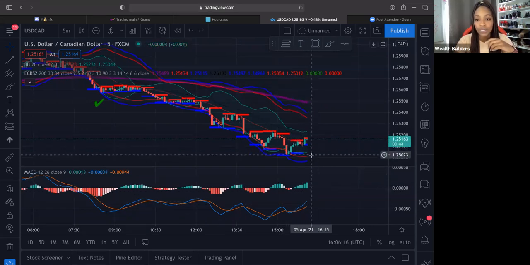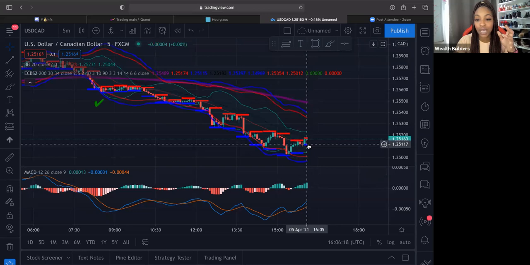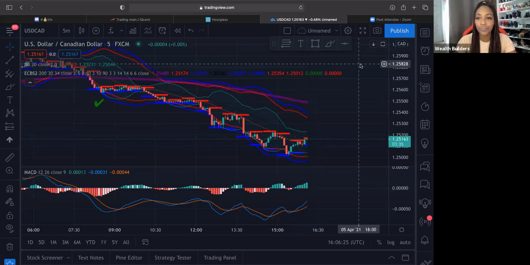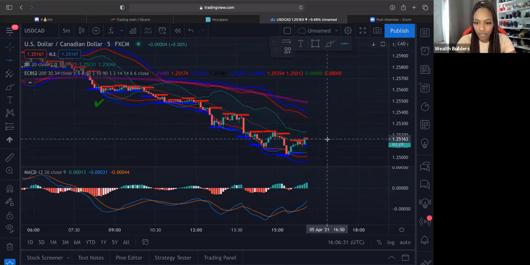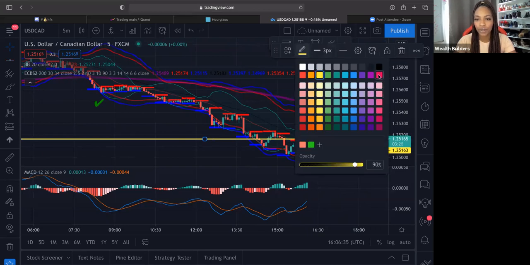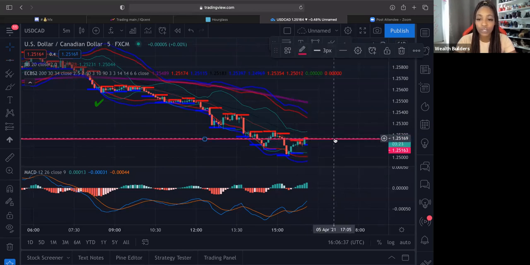So what I would like to do is, I know that I need to be looking for sells. So this right here is my top resistance. What I personally would do is grab my horizontal line and mark it just right underneath there. I'll change the color to pink or whatever. The next thing I would do is right click.